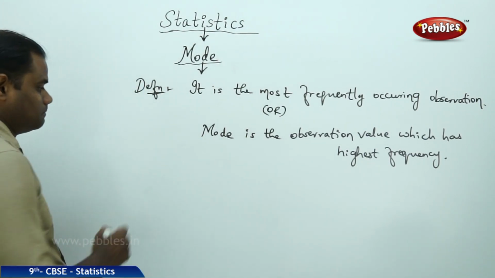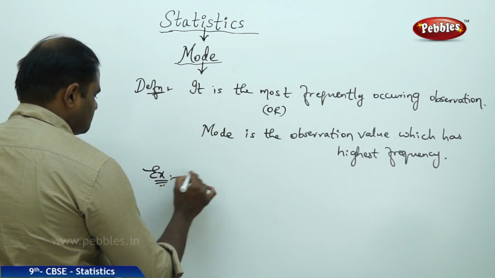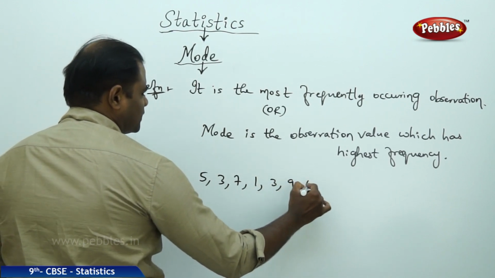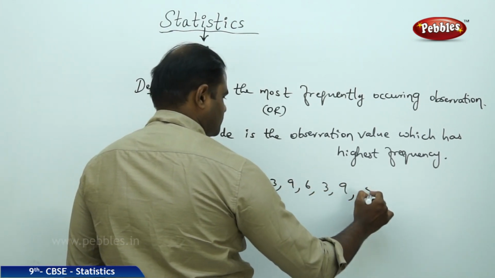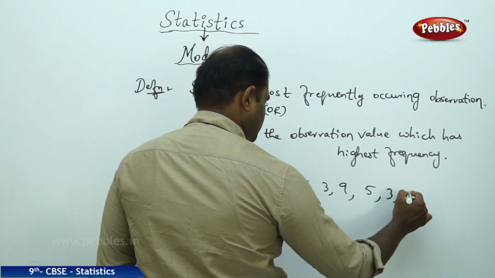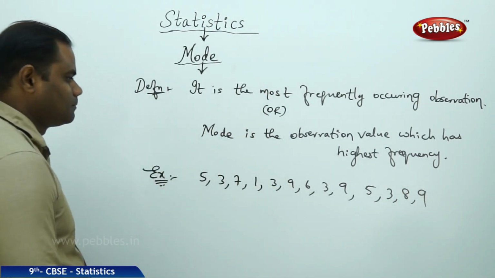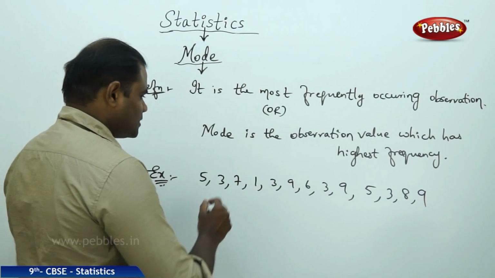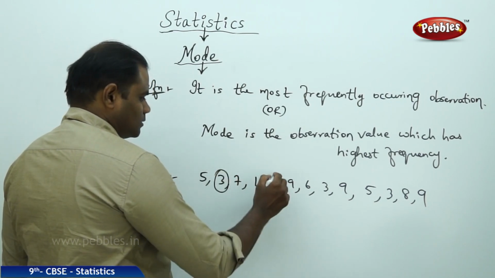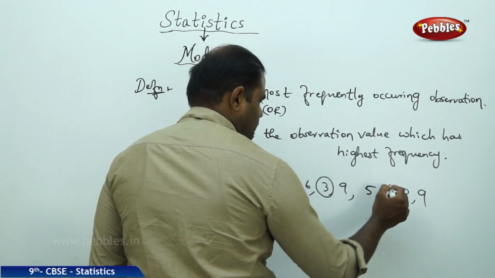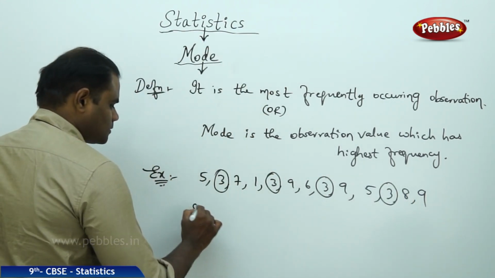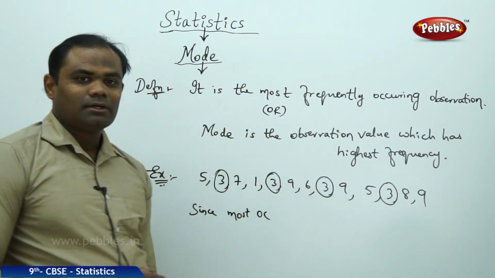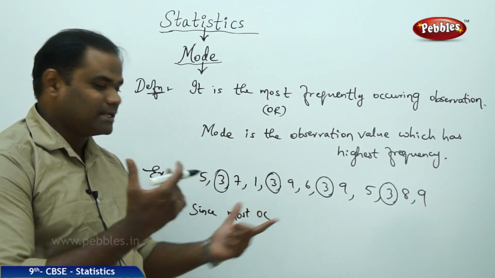Let's take an example. For example, 5, 3, 7, 1, 3, 9, 6, 3, 9, 5, 3, 8, 9. Let's see what is the highest occurring value. As we can clearly see, this 3 occurs 1, 2, 3 and 4 times. Since the most occurring observation here is identified to be 3, any other observation is always less than 3.